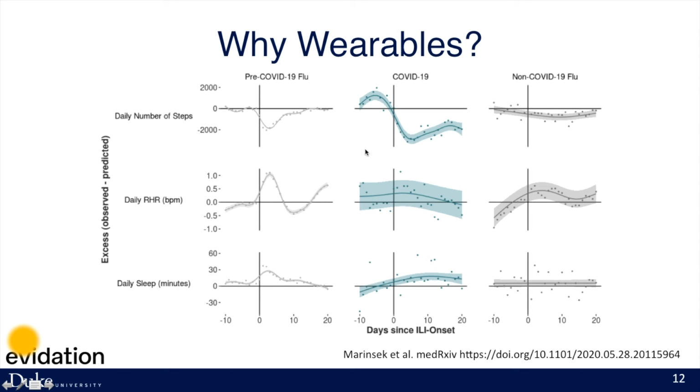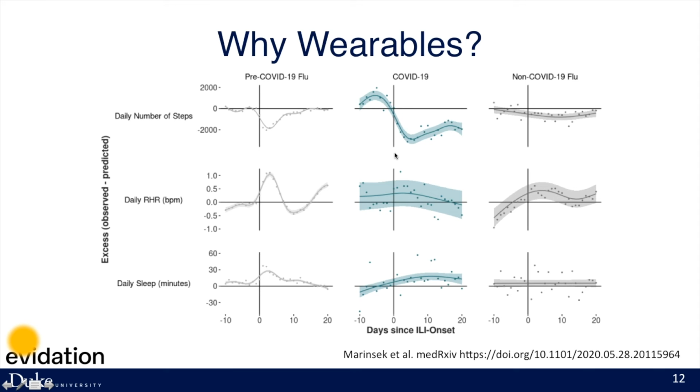So one of these was a pre-COVID-19 influenza, where there was significantly more data available at the time of this study. And then there was information about COVID-19. And you can see here that for either pre-COVID-19 flu or for COVID-19, there was a significant decrease in the number of steps overall for individuals who were infected precisely after the date of infection, and that's where this y-axis crosses here.